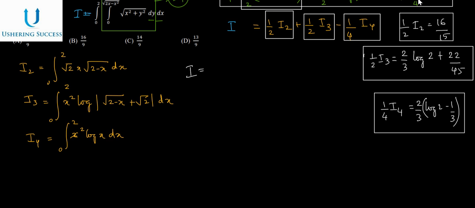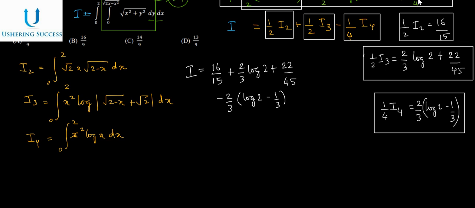So half I2 is 16 by 15 plus half I3 is plus 2 by 3 log 2 plus 22 by 45, and minus 1/4 I4 is minus 2 by 3 log 2 minus 1 by 3.